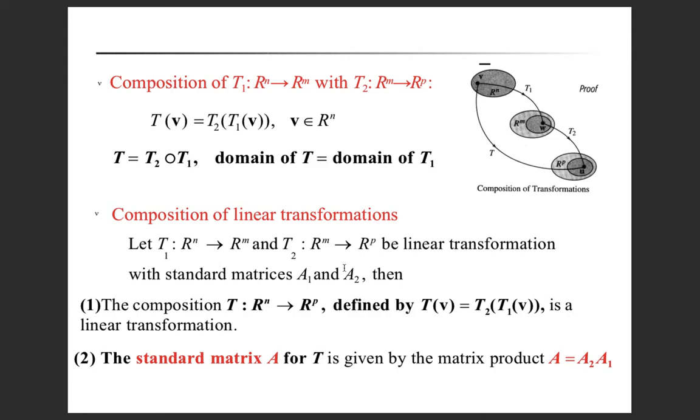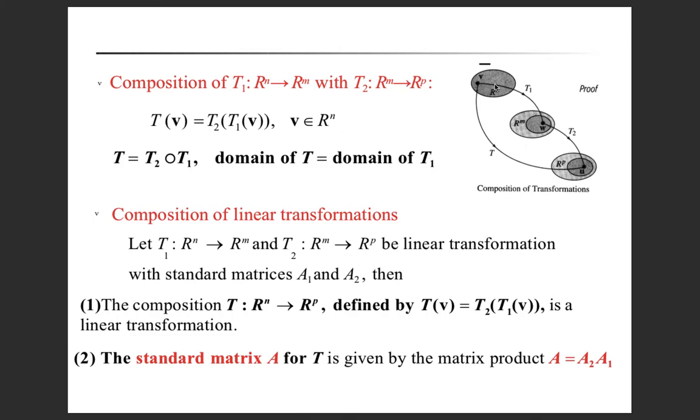Now composition of two transformations. If T1 is a transformation from the real n-dimensional vector space to the m-dimensional vector space, and T2 is a transformation from the m-dimensional vector space to the p-dimensional vector space, then T(v) is equal to T2(T1(v)), where v belongs to R^n.